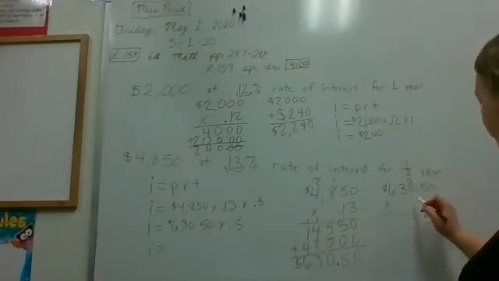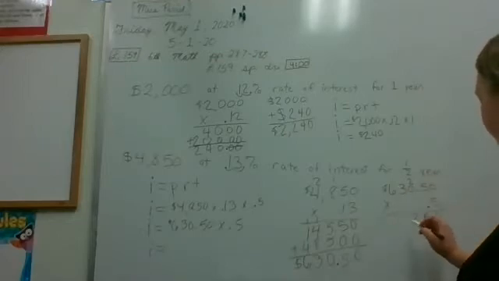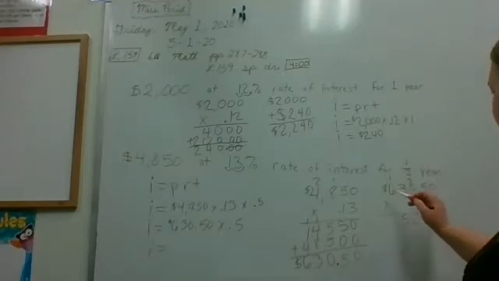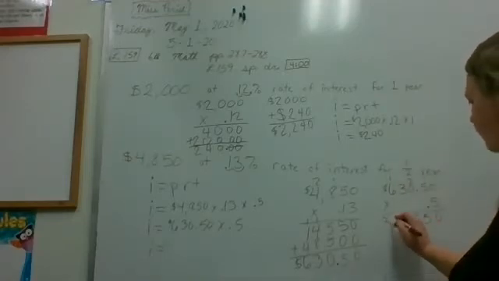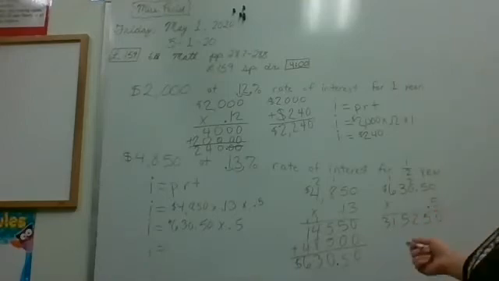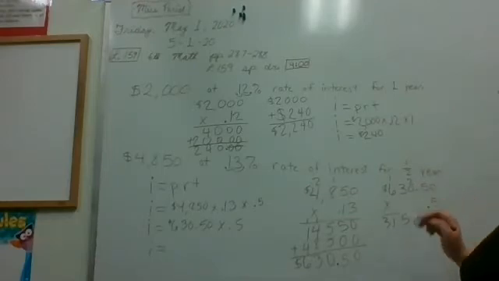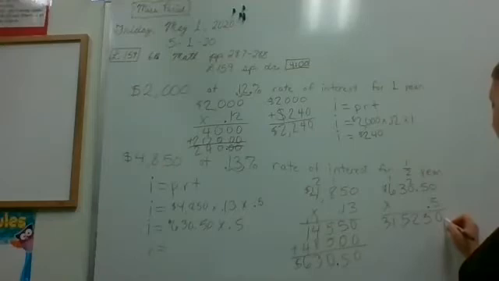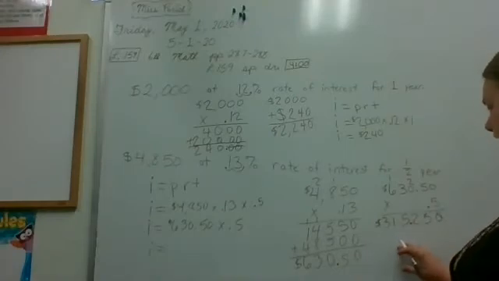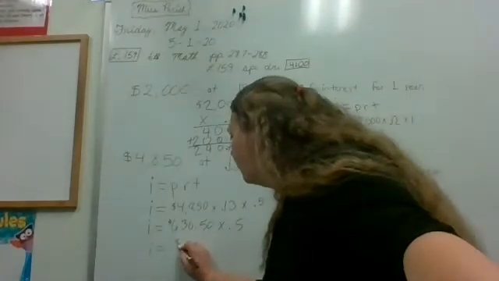Carry a 2, 5 times 0, 0 plus 2 is 2. 5 times 3 is 15, carry the 1. 5 times 6 is 30, plus 1 is 31, okay? We had 3 decimal places, remember, because we have the point with our 0.5, and then 2 with 630.50. So we got 3, so we're going to go 1, 2, 3. We can knock off that last 0, and it's $315.25.